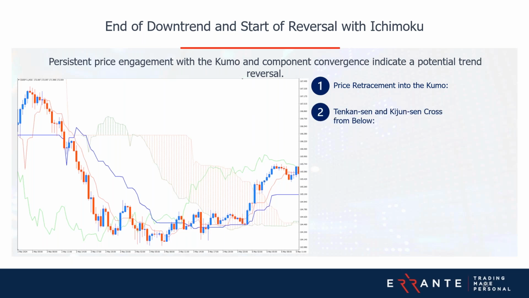Then we have the Tenkan-sen and Kijun-sen crossing each other, with the Tenkan-sen crossing above the Kijun-sen or crossing from below. This crossover suggests a shift in momentum. It's very important. The Tenkan-sen reflects short-term price movements, and crossing above the Kijun-sen indicates that the recent price action is gaining strength, countering the longer-term trend.